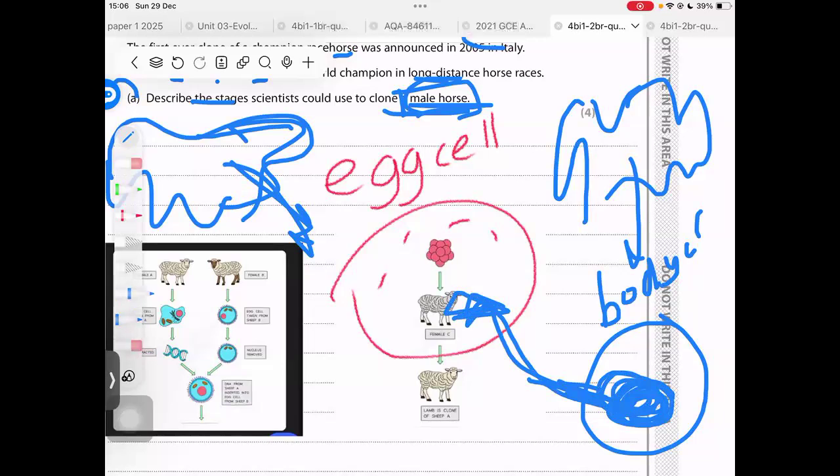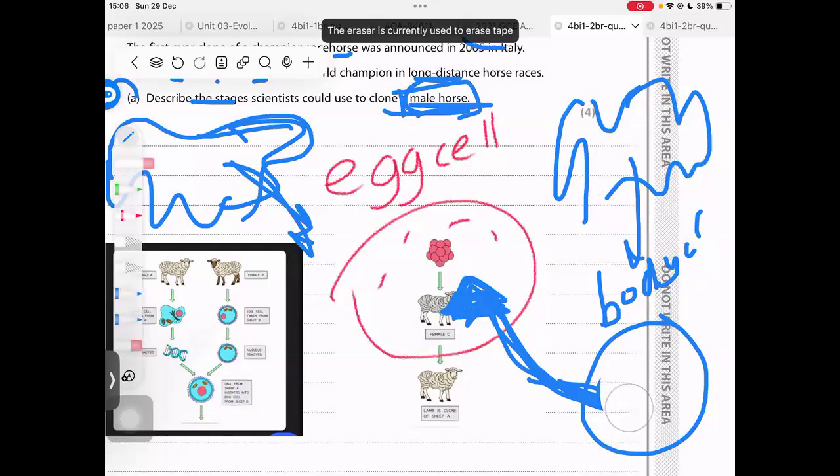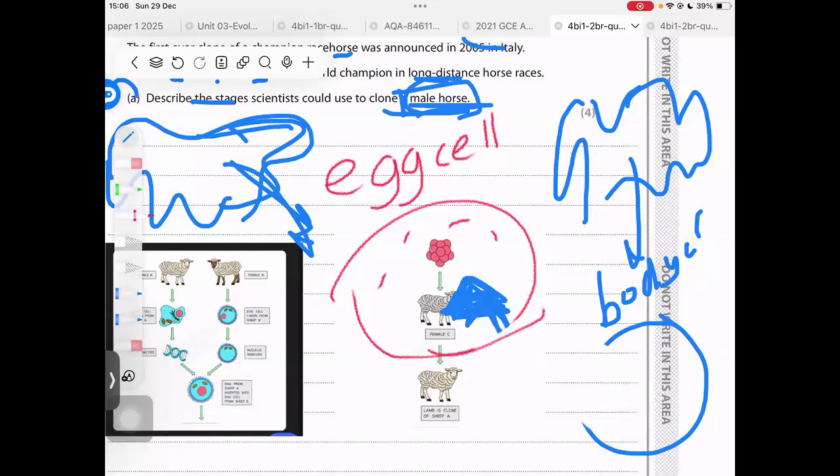There is also a method using DNA technology, with which you can insert this particular DNA from the body cell into the egg cell. Now, this DNA is inside this egg cell, okay?